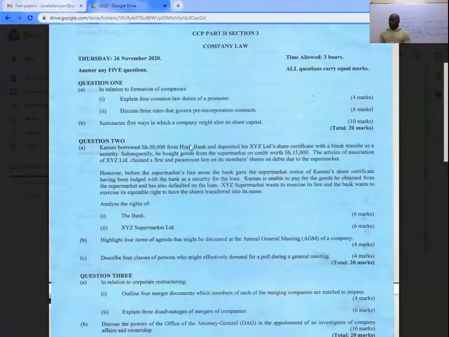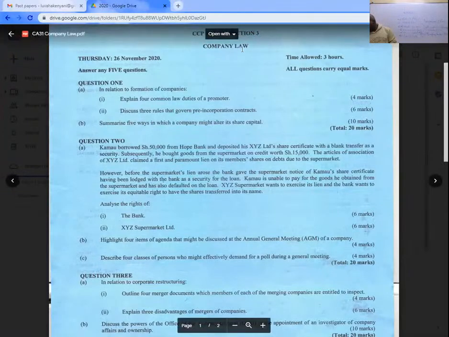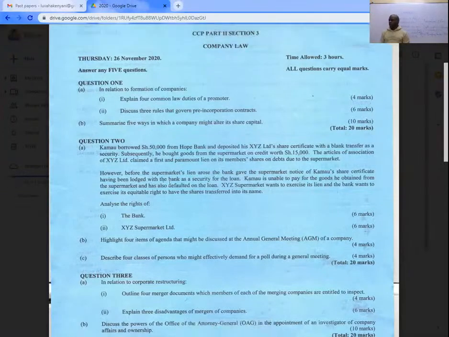So I think we can look at that particular question. It says Kamau borrowed 50,000 shillings from Hope Bank and deposited his XYZ Limited share certificate with a blank transfer as security. Subsequently, he bought goods from XYZ Supermarket on credit worth 15,000. The articles of XYZ Limited claimed a first and paramount lien on its members' shares for debts due to the company.